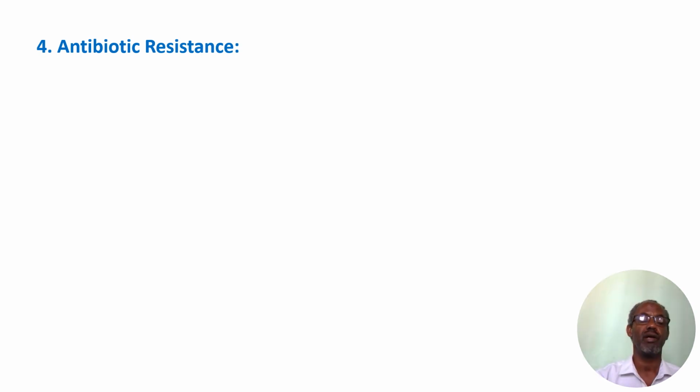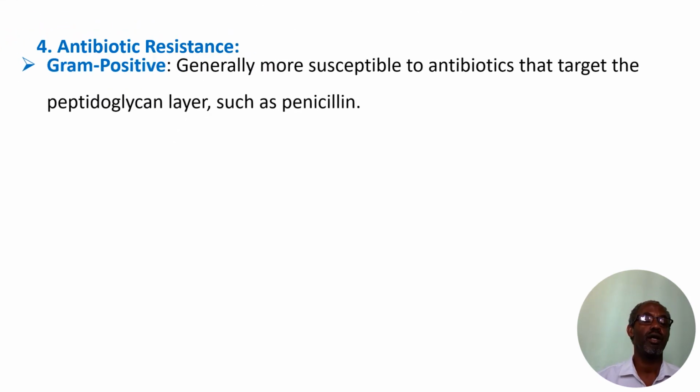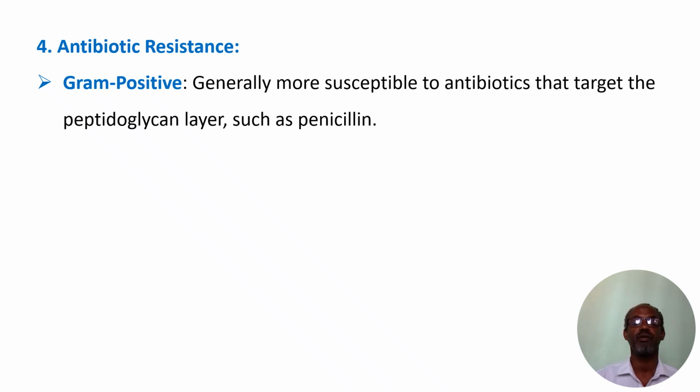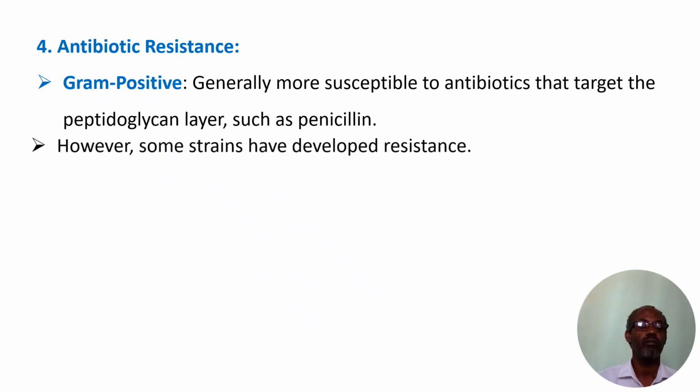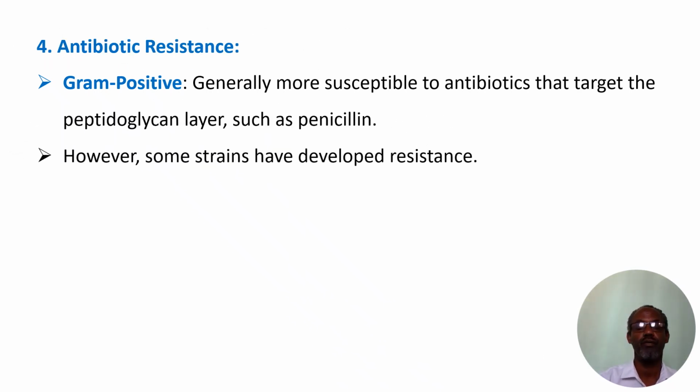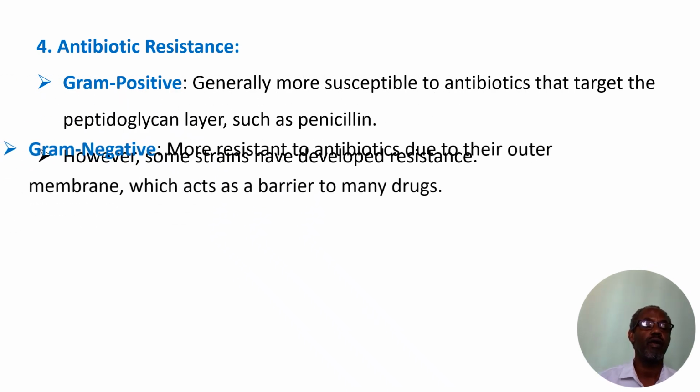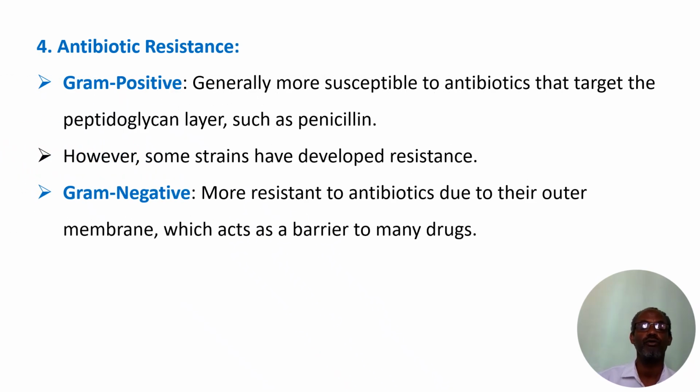In terms of antibiotic resistance, gram-positive bacteria are generally more susceptible to antibiotics that target the peptidoglycan, such as penicillin, although some strains have developed resistance. Gram-negative bacteria are more resistant to antibiotics due to their outer membrane, which does not allow the entry of some antibiotic drugs.